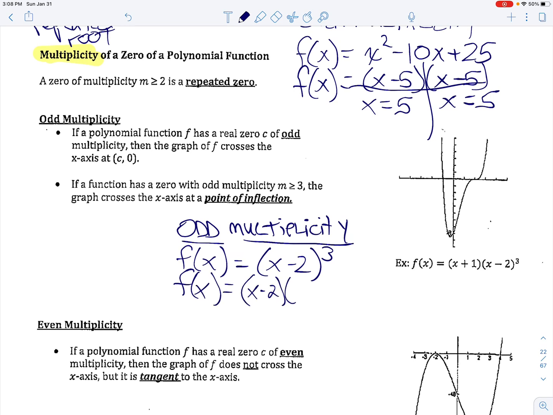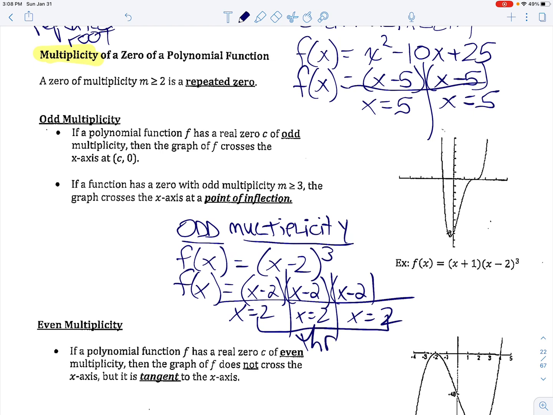Which, technically, is x minus 2 times x minus 2 times x minus 2. And these roots are all the same. X equals 2. This is not even multiplicity because 2 is an even number. This is odd multiplicity because this root is repeated 3 times.